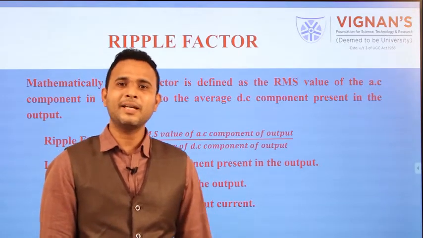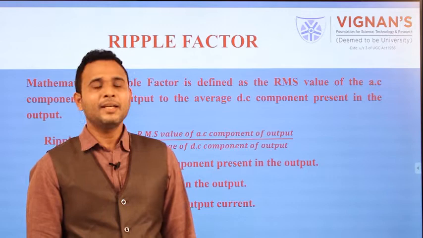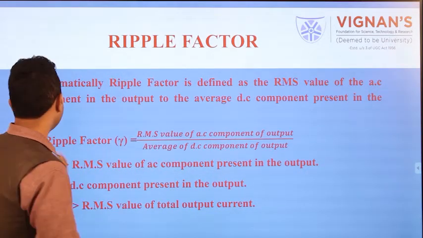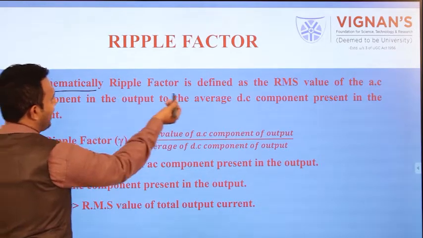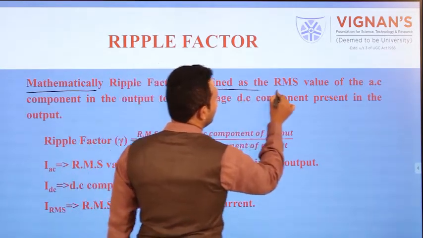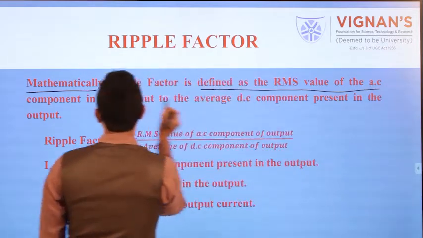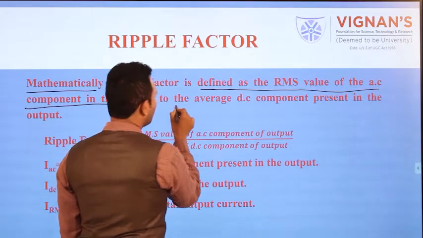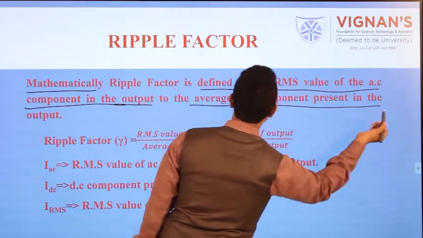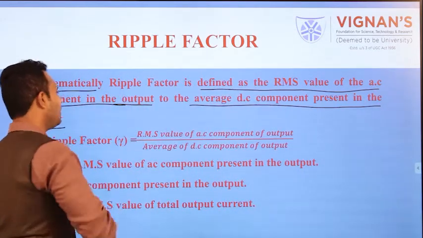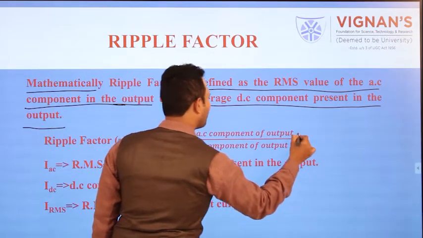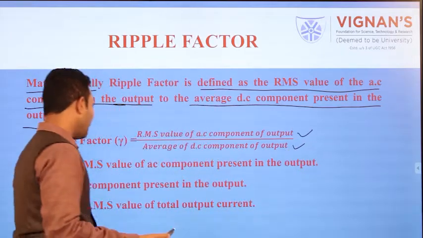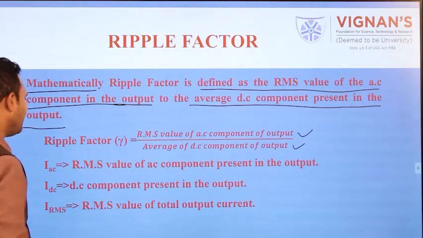That is called the ripple factor. Mathematically, ripple factor is defined as the RMS value of the AC component in the output to the average DC component present in the output. Same thing I write here also.